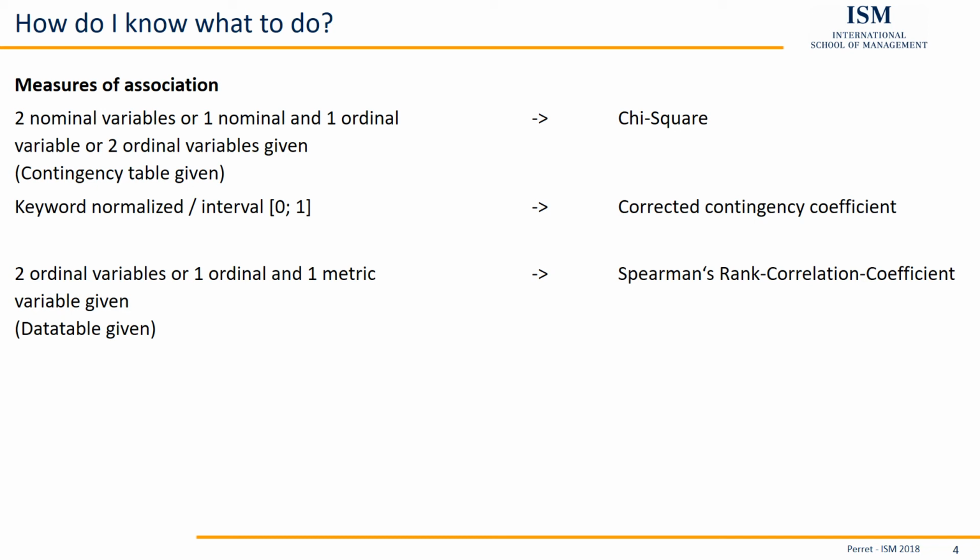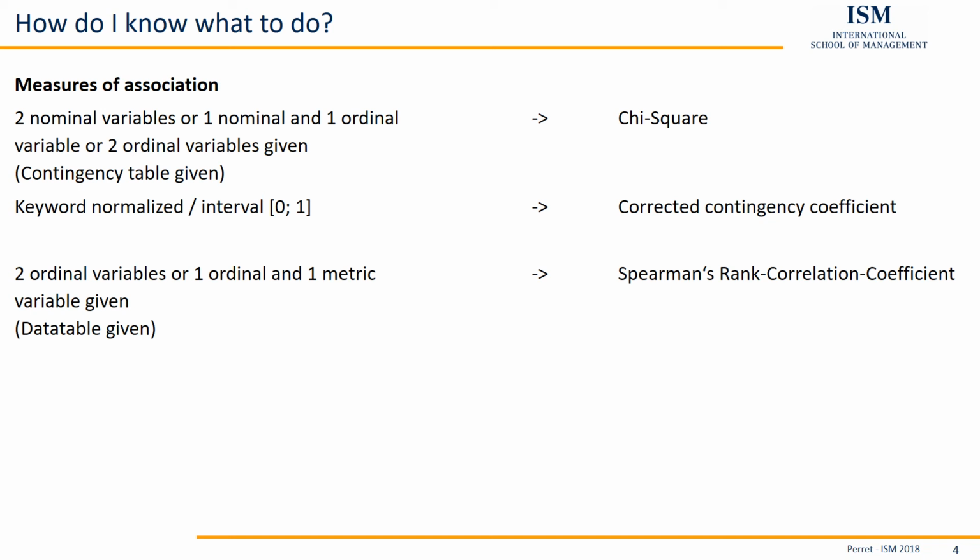Does this compare to the difference between so-so and good? That's pretty problematic to answer. So that's only ordinal. If, however, you have something like money, like income, there I can say, well, the difference between 100 and 200 euros is similar to 500 and 600 euros. So here I have an understanding of the distances. So then I could use metric data.